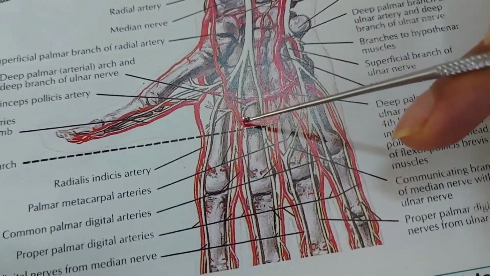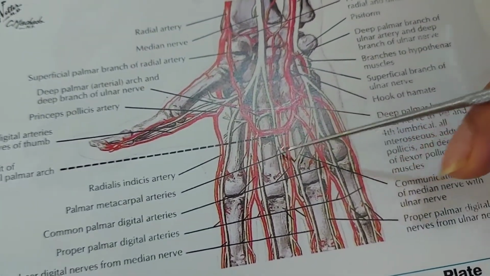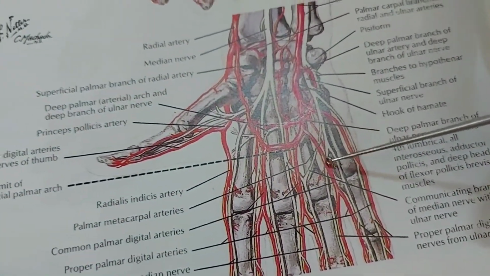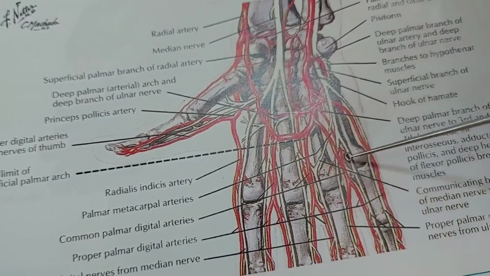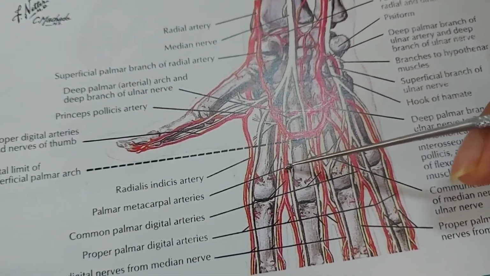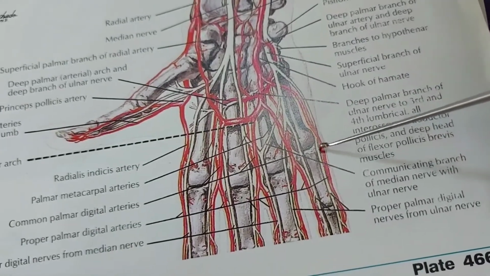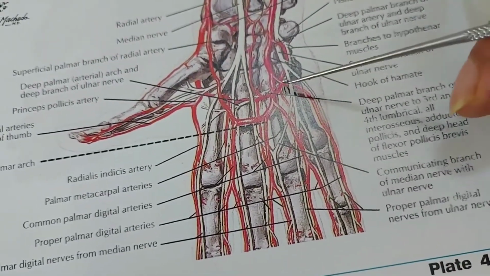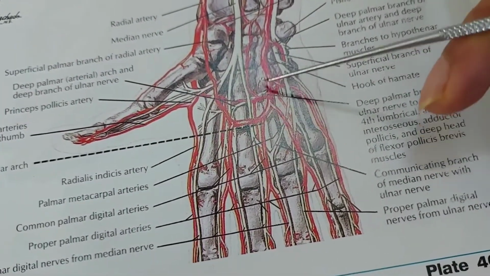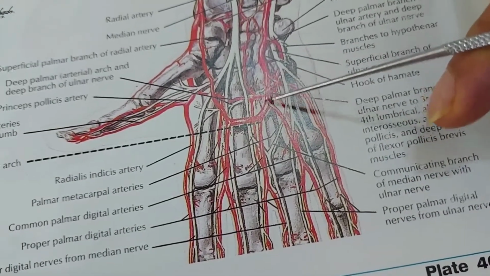The branches of this superficial palmar arch are the palmar metacarpal arteries, and there are also the proper digital arteries. These also branch from the superficial palmar arch.